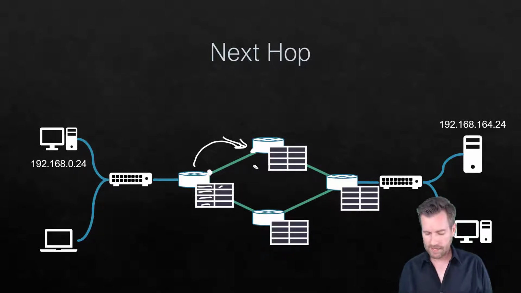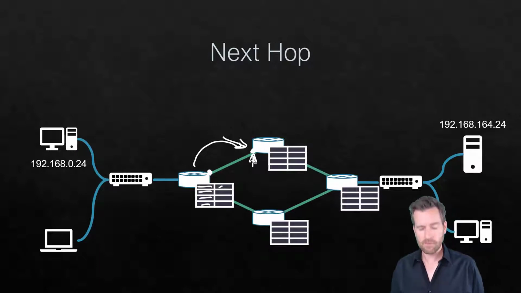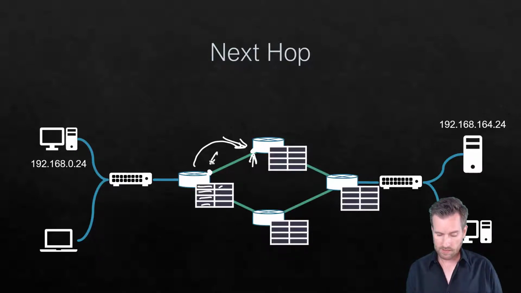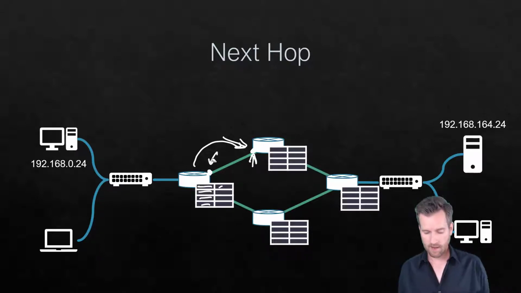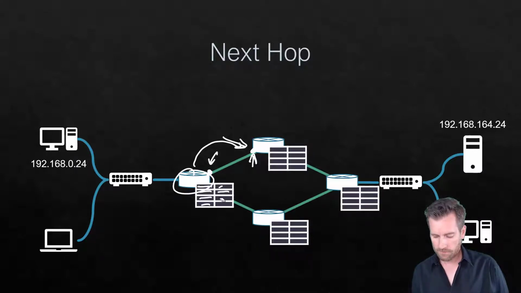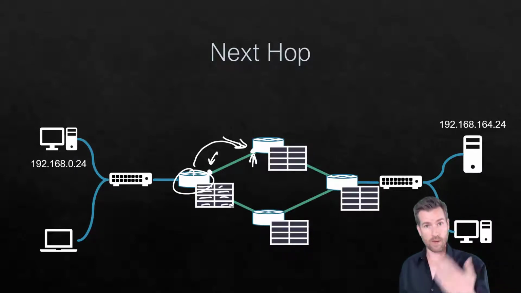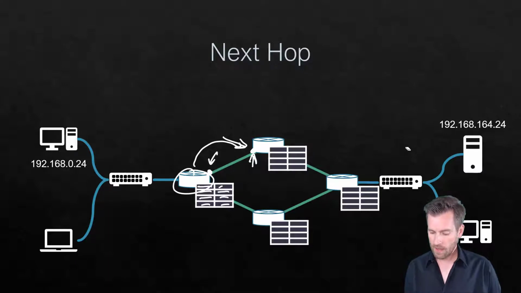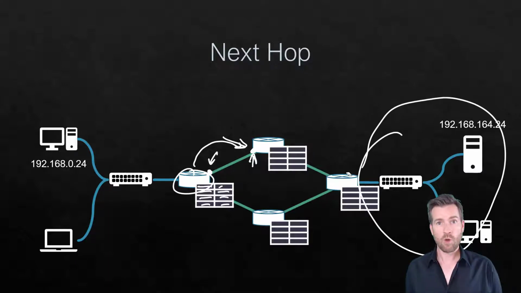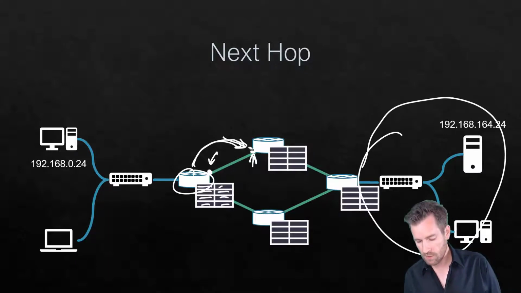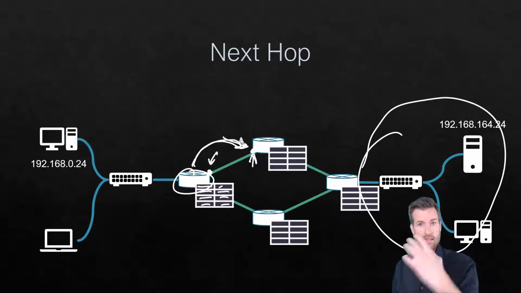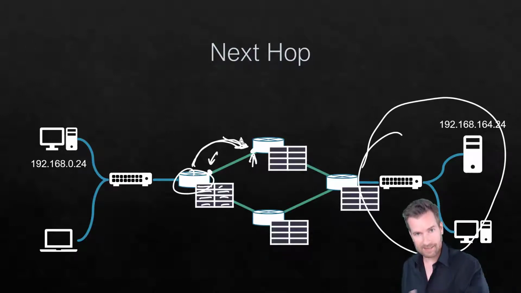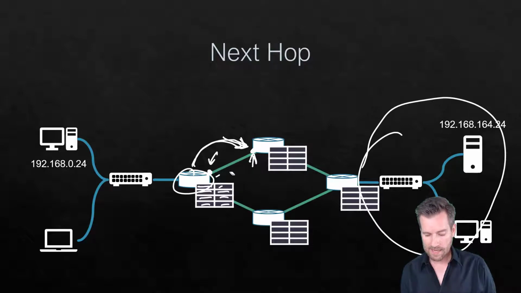So often we'll see an IP address for the next hop, or we'll see just the exit interface outside of this router right here. But that's what you'll find within these routing tables. So it knows if I'm trying to get to this network, I need to send it to this destination IP address next. That's my next hop, or I need to send it out this interface.